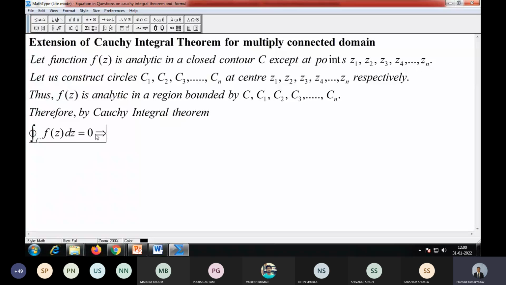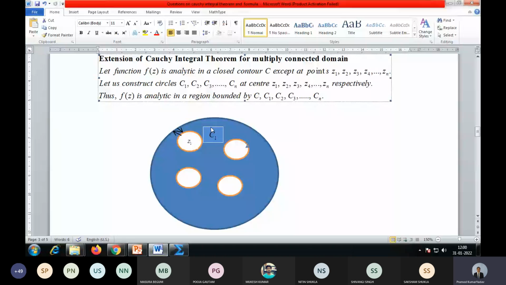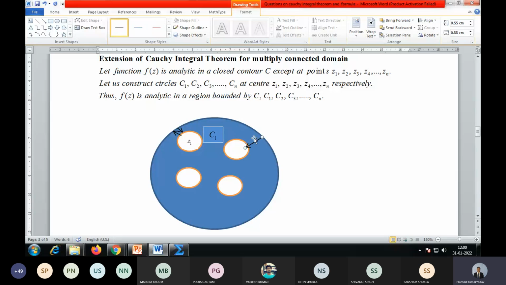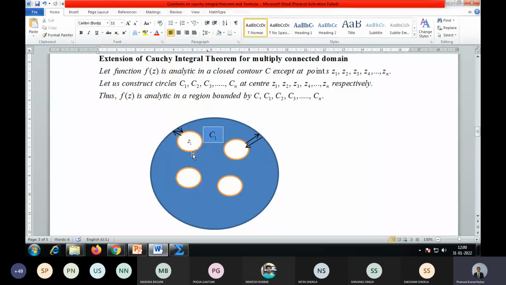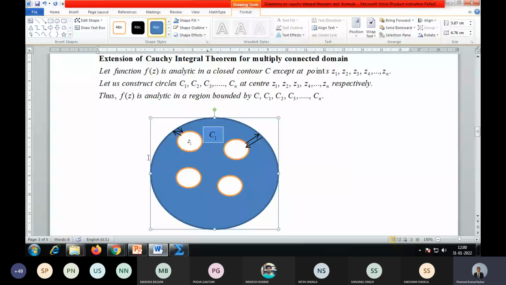Please see the picture. The whole outer curve is C, and now there are C1, C2, C3. So think about the orientation. Suppose the orientation is anti-clockwise.